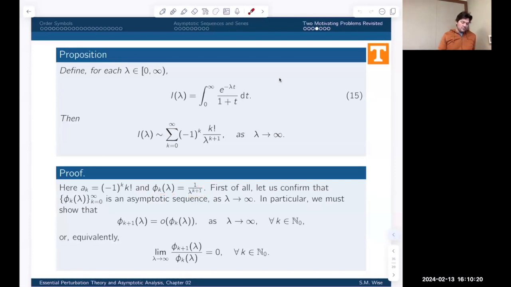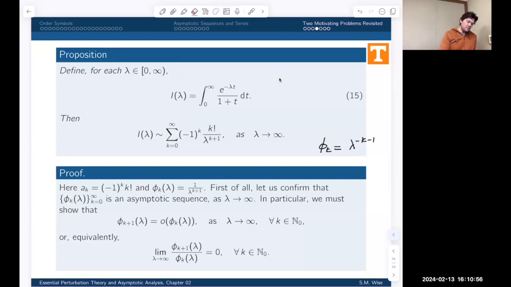So this would be a normal Laurent series expansion, where in the usual case we have something like lambda to the minus k power. Here we just have lambda to the minus k minus 1, so we're just changing the index by 1. Otherwise, it's a fairly standard sort of series that we're going to encounter time and time again.